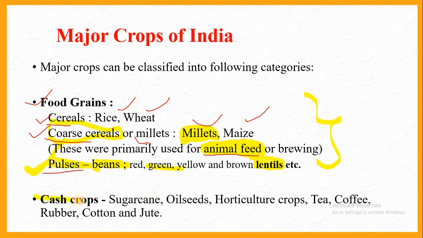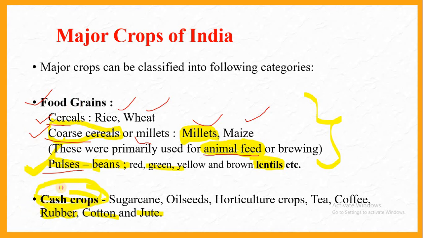Next you have cash crops. See, there are food grains and non-food grains, which are not consumed by humans as nutrition. For example, rubber, cotton, jute. These are all examples for non-food grains. At the same time, they are also cash crops.